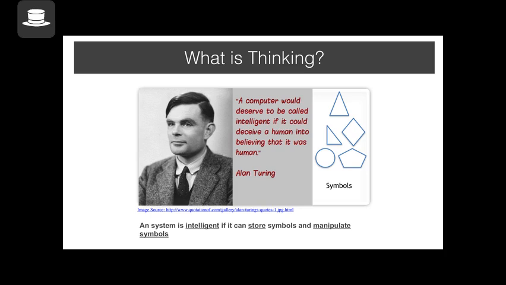So going back to intelligence, as we said, a system is intelligent if it can store symbols and if it can manipulate symbols. So computers are intelligent because they store symbols and they can manipulate symbols. So also humans, we also store symbols and we manipulate symbols.